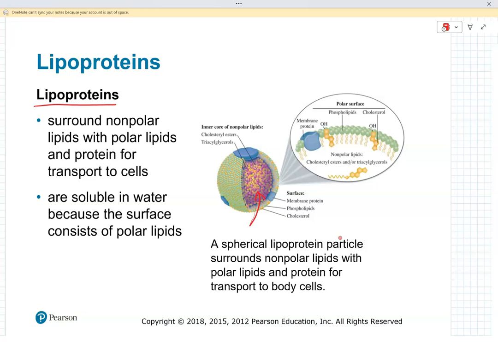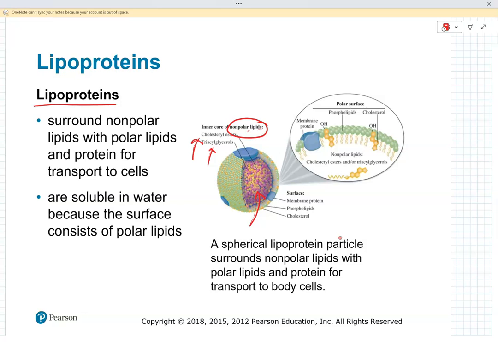As a core, you have non-polar lipids, which are cholesterol esters, which we just saw, and triacylglycerols, super nonpolar compounds.